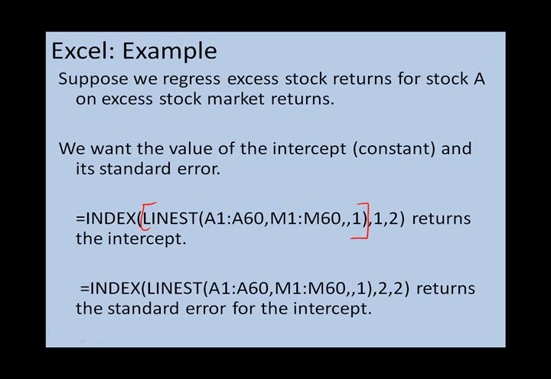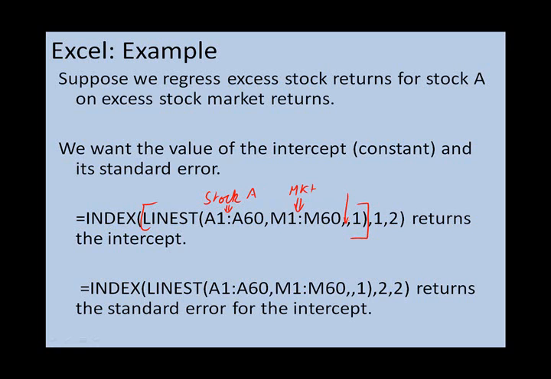Here we have our stock returns, or the excess returns for stock A. Here we have the excess returns for the market. That's our independent variable. The next feature is to specify whether we want a constant.